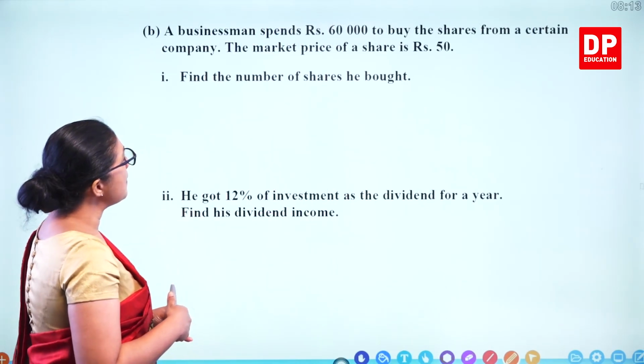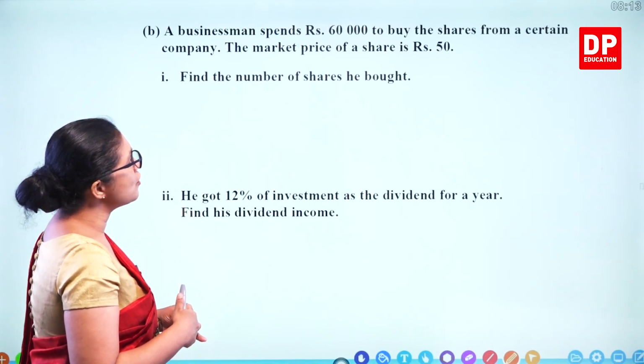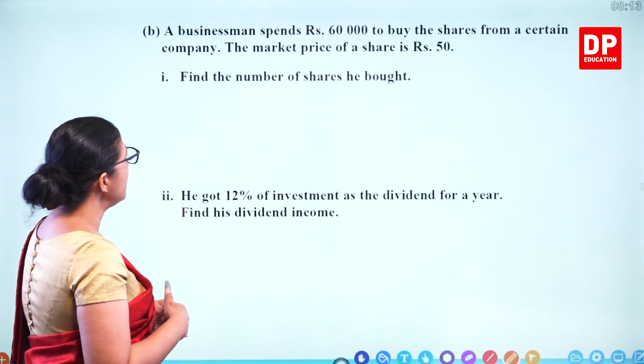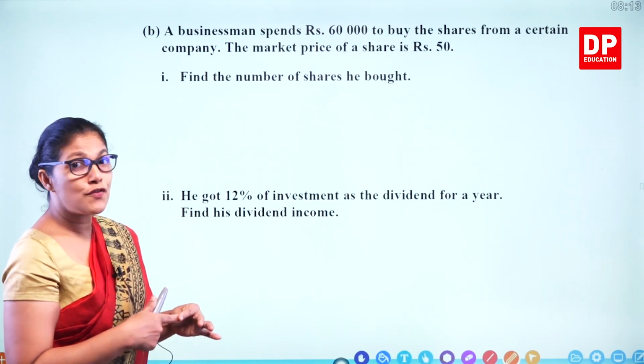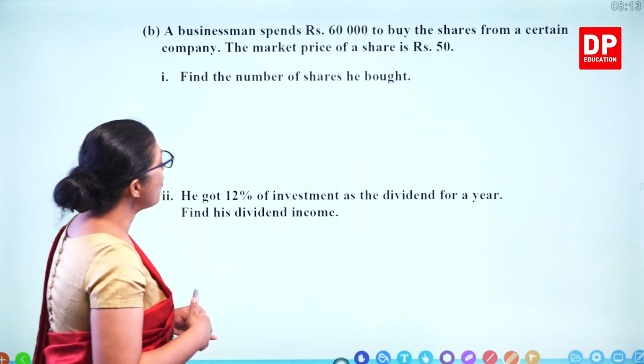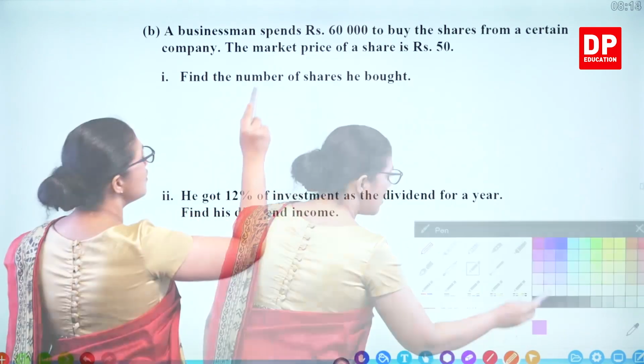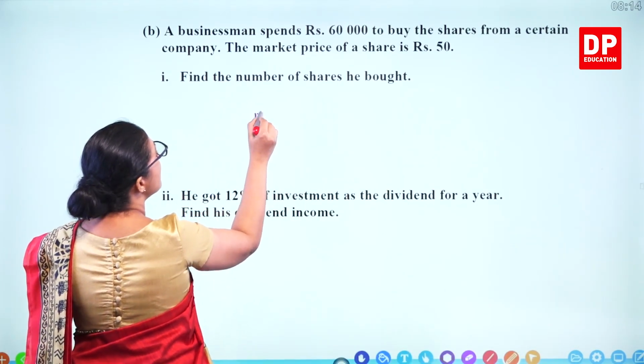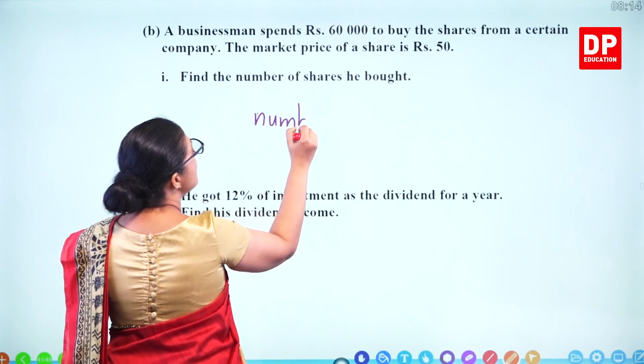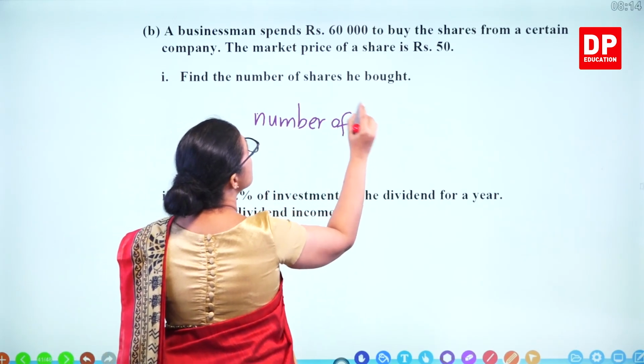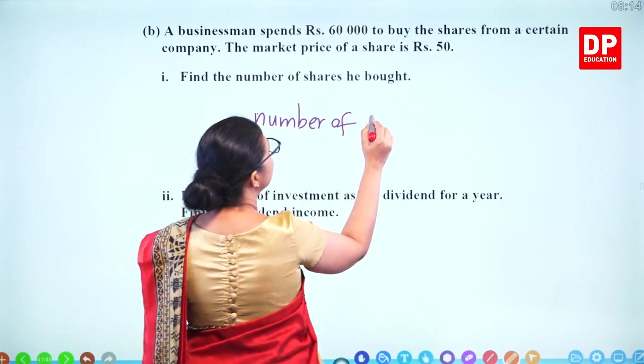A businessman spends 60,000 rupees to buy the shares from a certain company. The market price of a share is 50 rupees. Find the number of shares he bought. So 60,000 number of shares divide by 50.